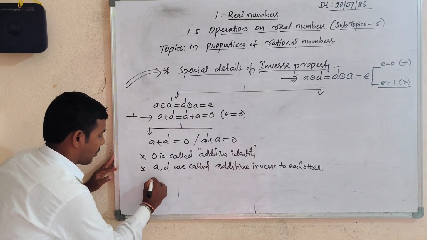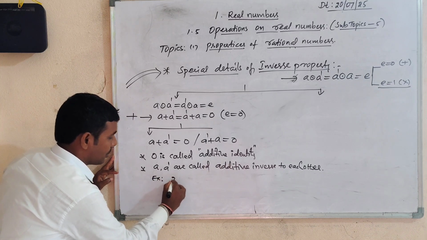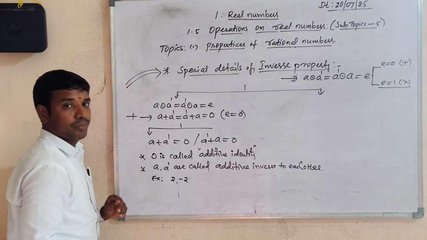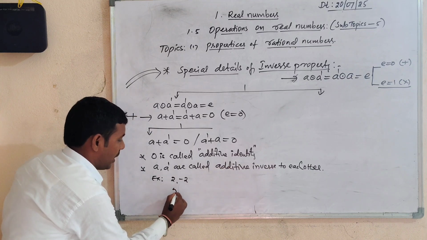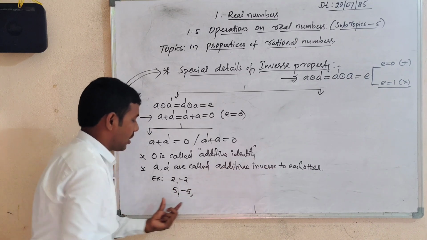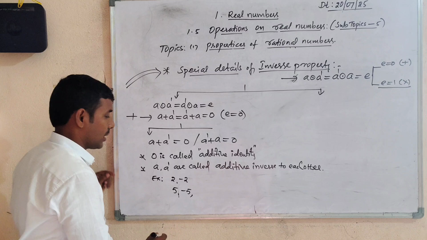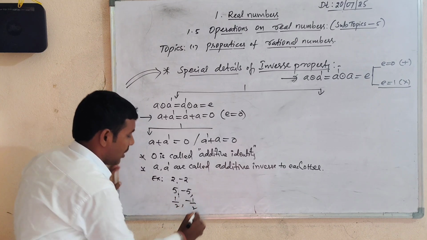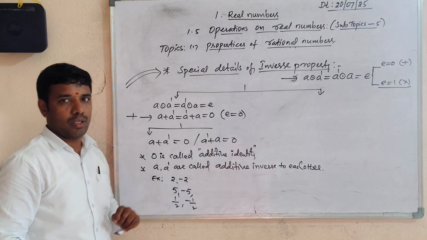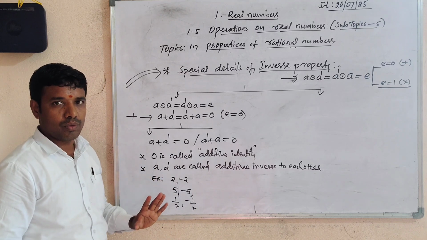Based on that, I want to give examples. 2 and minus 2 are called additive inverse to each other. 5 and minus 5 are called additive inverse to each other. I think understood. 1 by 2 and minus 1 by 2 are called additive inverse to each other. I think there is no doubt now.